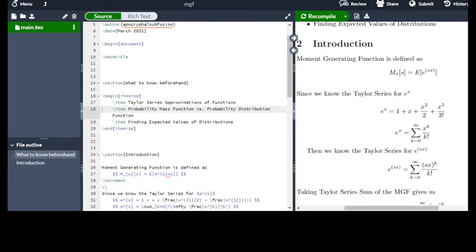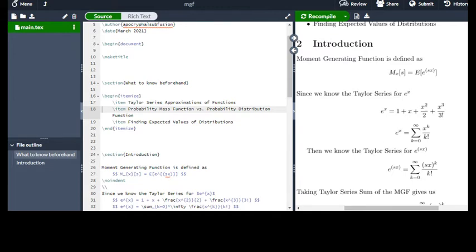But usually in mathematical discovery, it goes the other way. We have an intuition for what might happen, we do some exploration, and then we figure out the equation. So it's the opposite of the textbook approach. I wanted to try something a little bit new. So the basic idea of how the moment generating function was found.